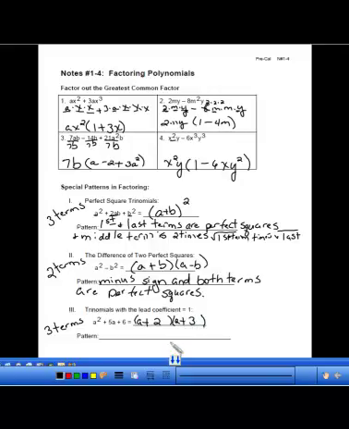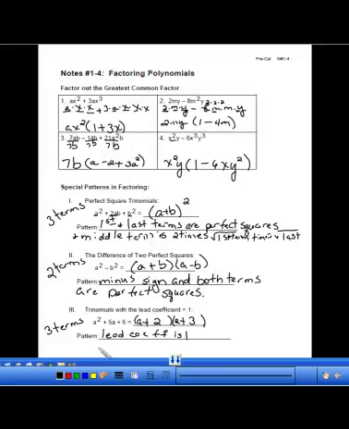Now, first thing you look for, that the lead coefficient is 1. That means there's just a squared or x squared or b squared or whatever variable that they have, but the lead coefficient is 1. Okay. Then the thing you need to look for is look at the second sign.